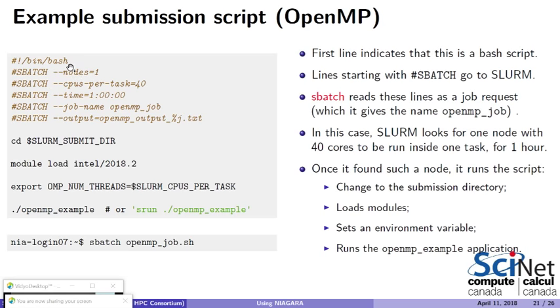You can do -N instead of --nodes, but for slides, I find the long version more informative. So what this does, as with any other scheduler, is take all these #SBATCH lines and feed them to the scheduler as requests for resources. This requests one node on which I'm going to run 40 tasks for 1 hour. And that's basically it. The rest is just tweaks.